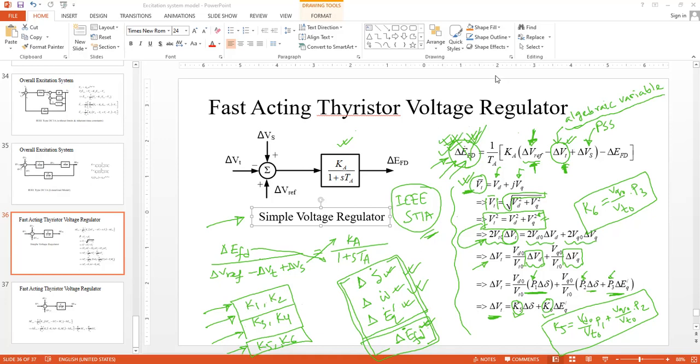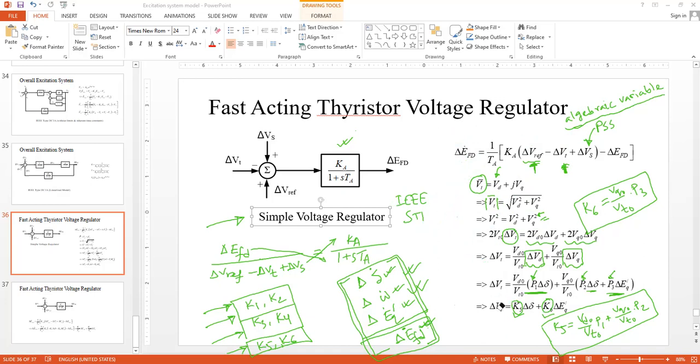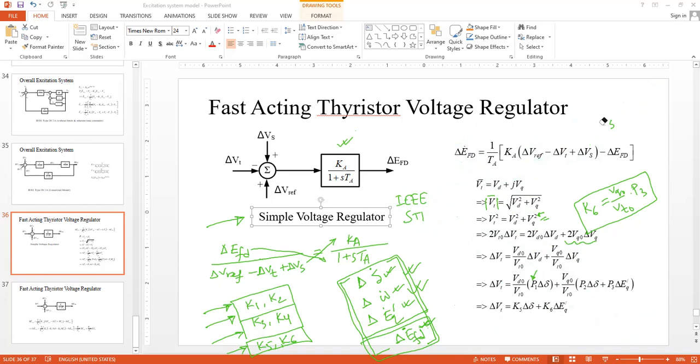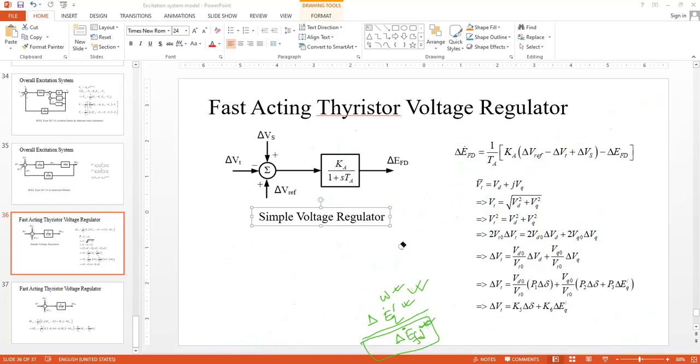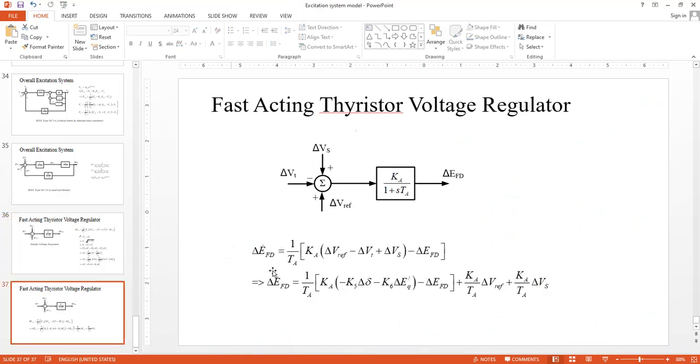And then we simply replace del Vt by the expression that we got at last here. So you replace del Vt by K5 del delta and K6 del Eq prime, so that our overall expression is now simply some functions of K constants and some system parameters. Let's see how it would look. After replacement, what we get is this.